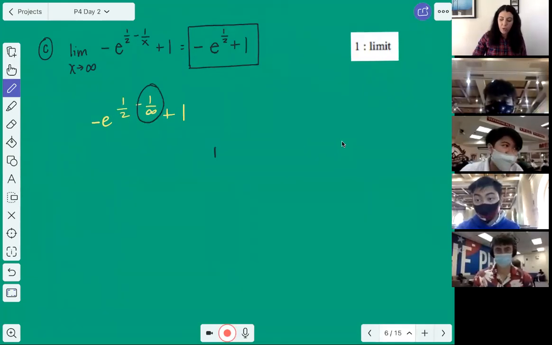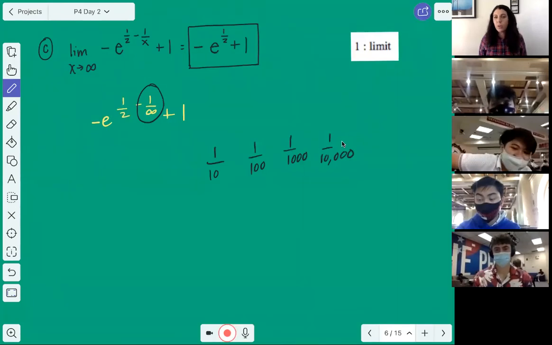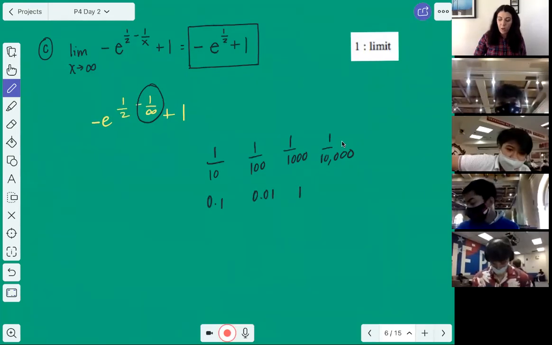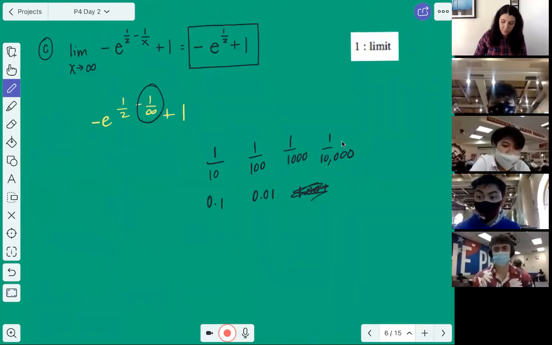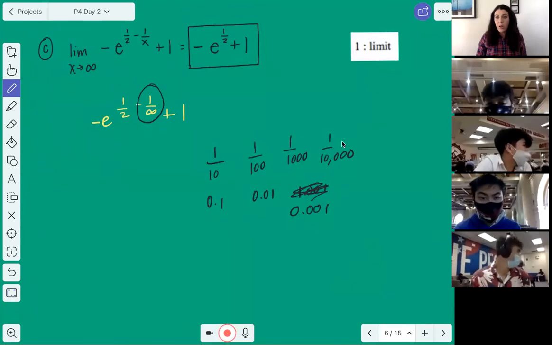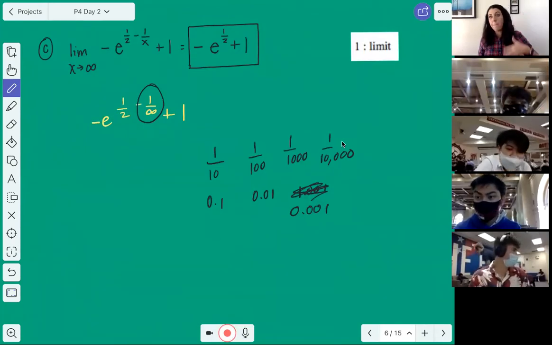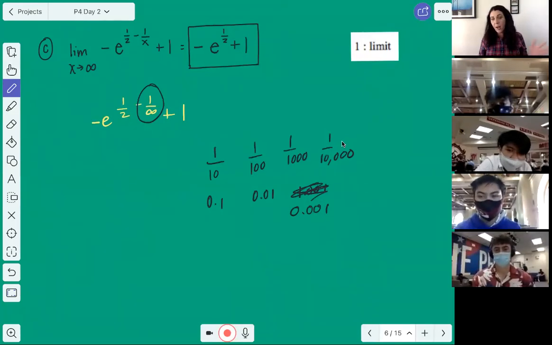If I gave you 1 over 10 or 1 over 100 or 1 over 1,000 or 1 over 10,000, what you'll notice is those numbers get smaller and smaller, right? We get 0.1, 0.01, 0.001, etc. So if I get 1 over 1,000,000 or 1 over 10 million or 1 over 500 million, billion, trillion, we're getting smaller and smaller.